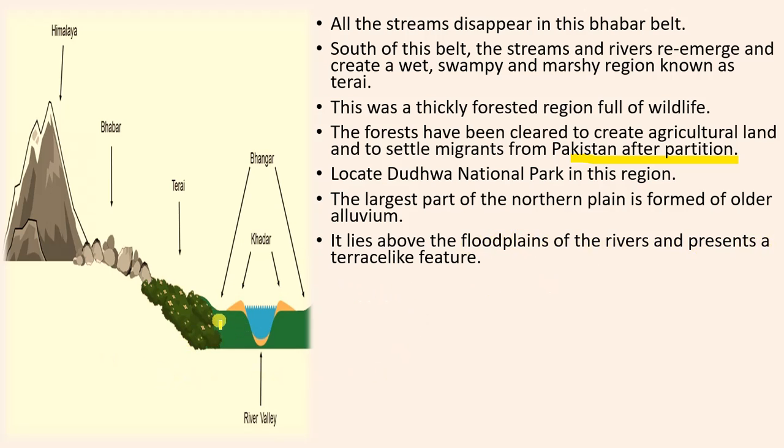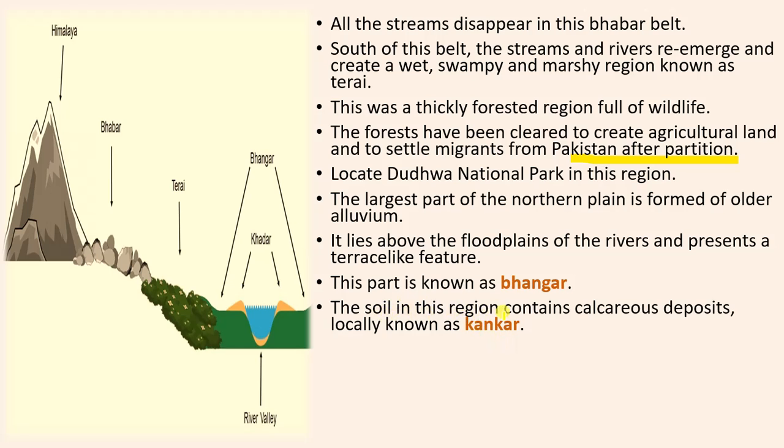Actually, this Bhangar belt is a floodplain only, but it was receiving water earlier, and after a long period of time, now this is a higher slope and not receiving the flood water, and it looks like a terrace-like feature. So this part is known as Bhangar.